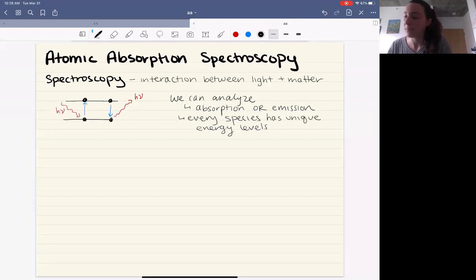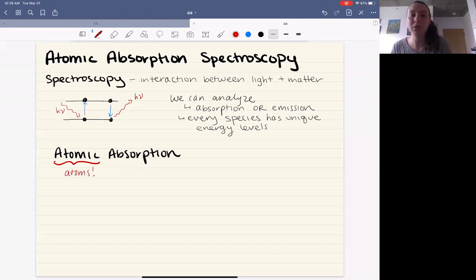So in this experiment, like I said, we're doing atomic absorption. It may seem obvious, but I just want to clarify that this means that we can analyze atoms.